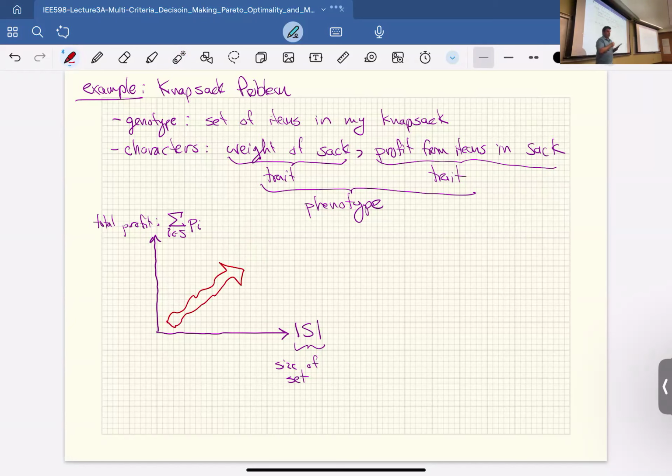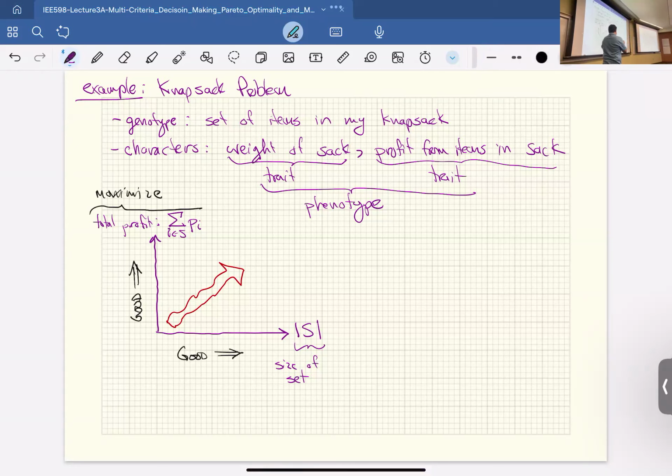I would like to maximize profit. So in order to maximize profit, it's going to be good for me to move in this direction.